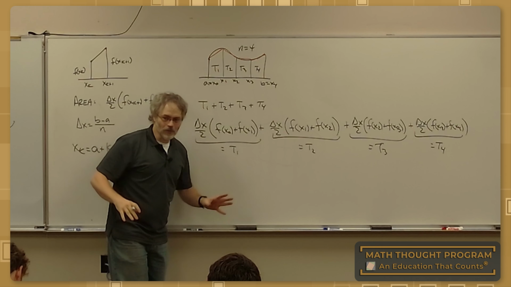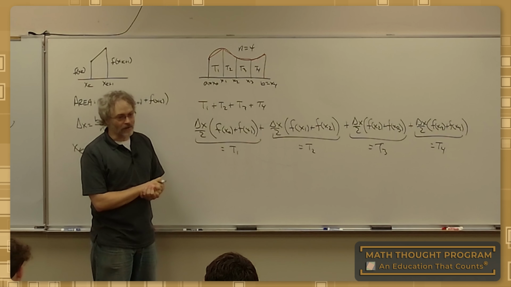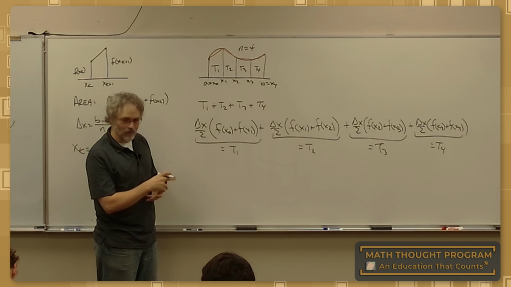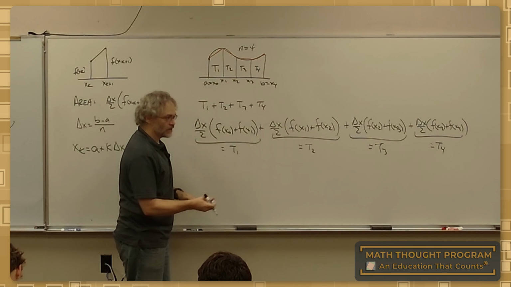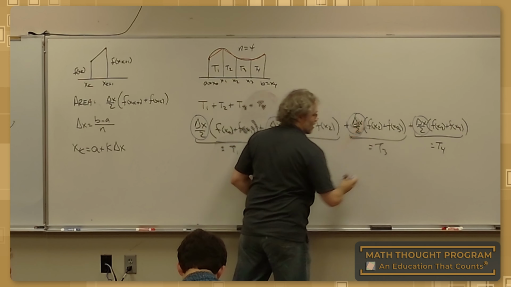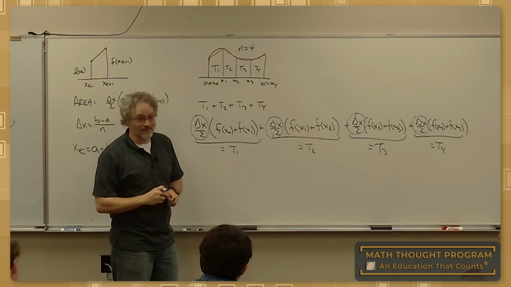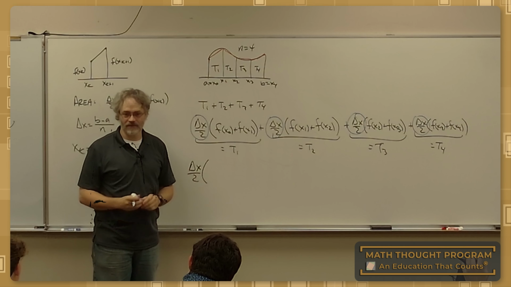Now, just like we were working with Riemann sums, the left-hand rule, right-hand rule, it's starting to get a little bit cumbersome here. So I might want to simplify it down a little bit more. The first thing I note is they all have a delta x in it. You can factor that piece out. And when you factor that out, guys, what's left?